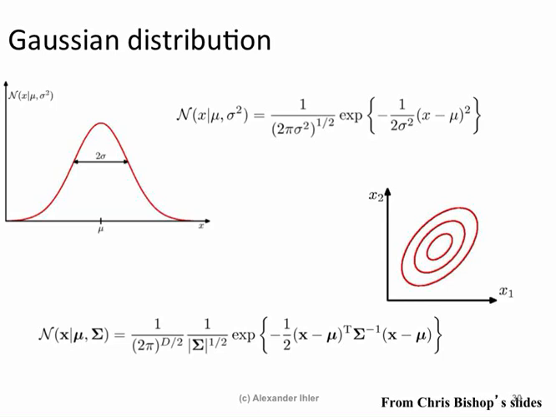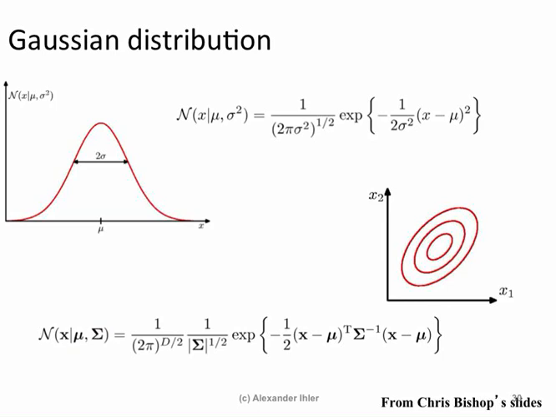The Gaussian distribution can also be extended to multivariate distributions fairly easily. So in this case, we define a distribution over a vector x, and it also is parameterized by mean and now by a covariance. The mean is a vector of the same size as x. The covariance is a symmetric matrix that's square and of the same size as x on each side.